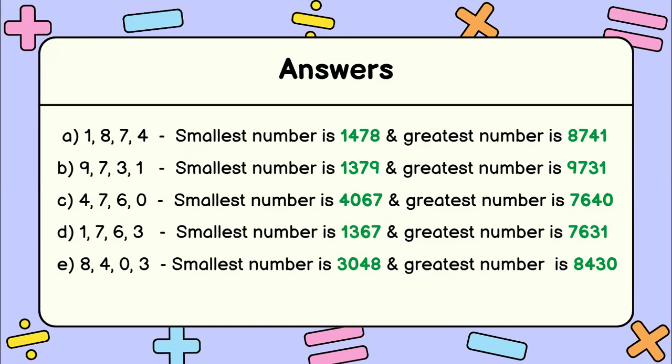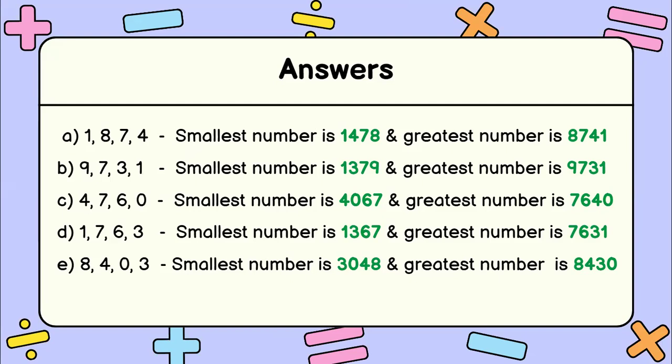The greatest number, however, is 9731. We place the largest digit at the start of the number. 9, then 7, then 3, and then we end the number with 1, the smallest.